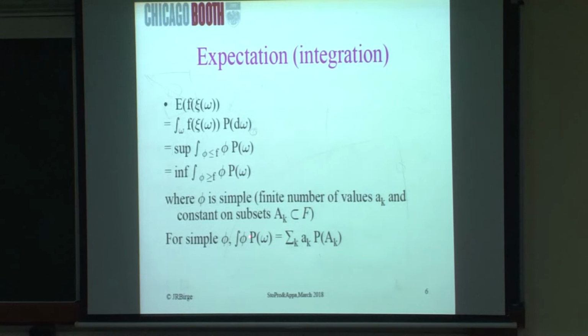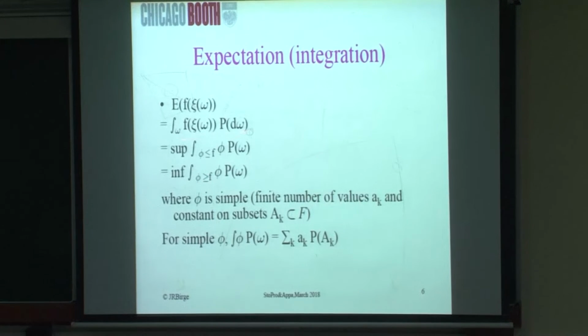A simple function just has a unit value on some interval, and then a probability that's associated with that interval. And so I'd have the supremum over everything that's a simple function below f, or the infimum over everything that's a simple function above f. All those give me whatever this integral is.